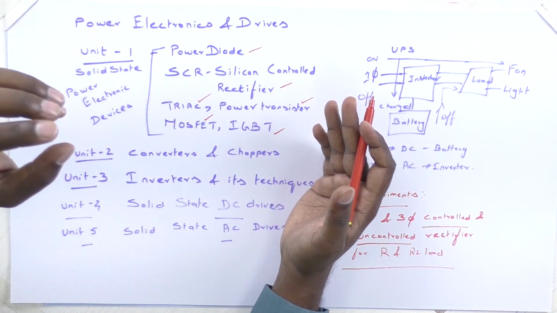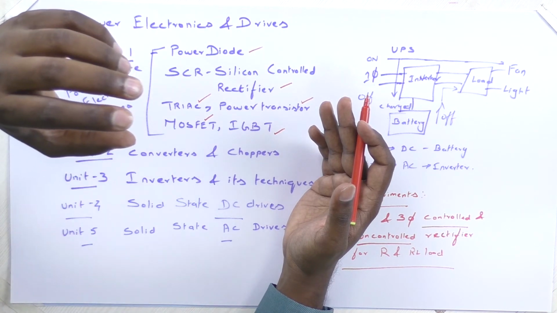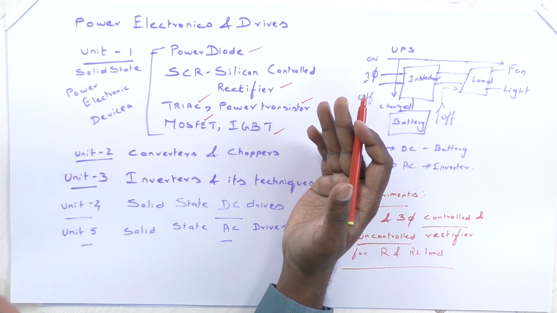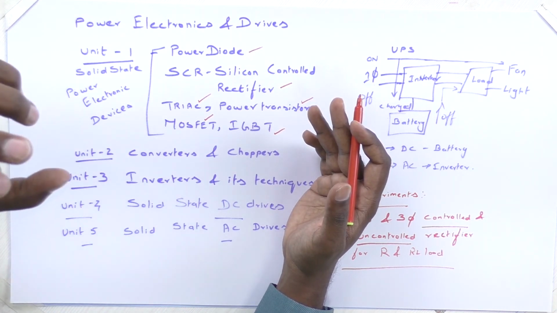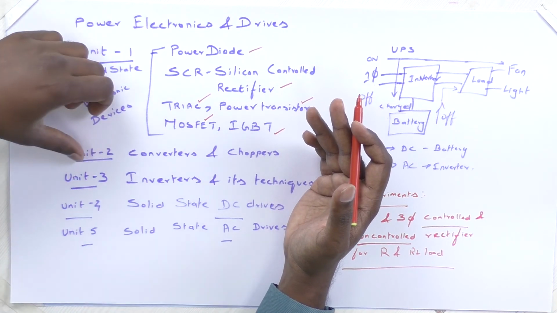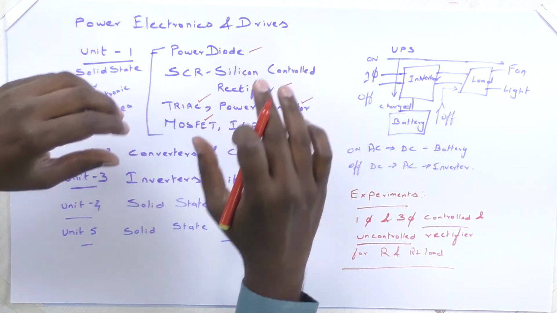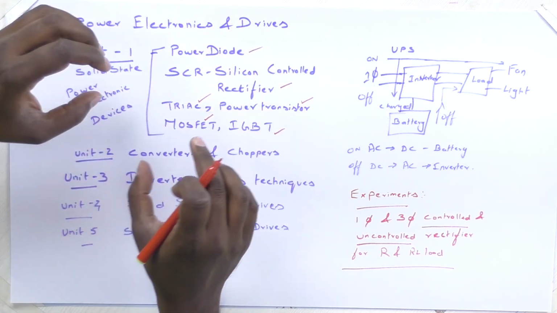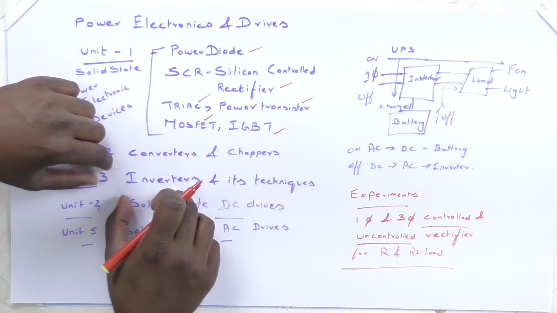We'll study how they are constructed, how they are joined together, and how they conduct electricity when I supply electrical supply to them. That's one thing we'll do. And then converters and choppers. Once I know how these things work, the next thing we'll deal with is how I use one of the devices for a conversion application, chopping application, and inversion application.